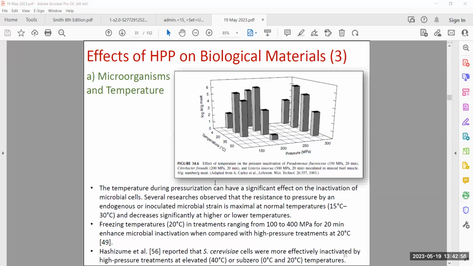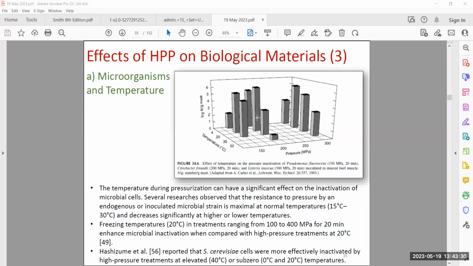So again, microorganism and temperature also have an effect. The temperature during pressurization can have a significant effect on the inactivation of microbial cells. If you look at this figure, the effect of temperature on pressure inactivation of Pseudomonas at 150 megapascal for 20 minutes. This one is Citrobacter and Listeria innocua at a different pressure and of course a different time frame.